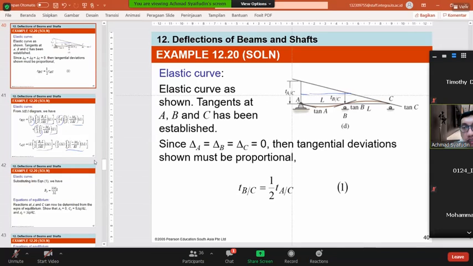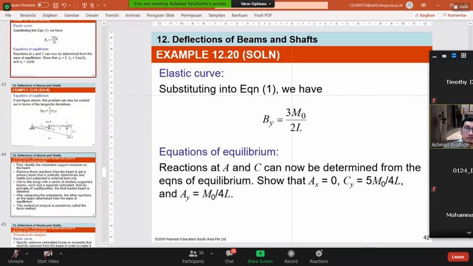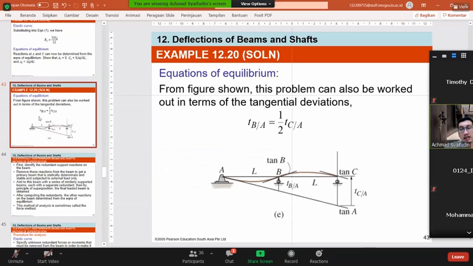So the vertical deflection or vertical deviation equals the equation y. Then we can get the reaction at point B. Then this is another equation, another problem.